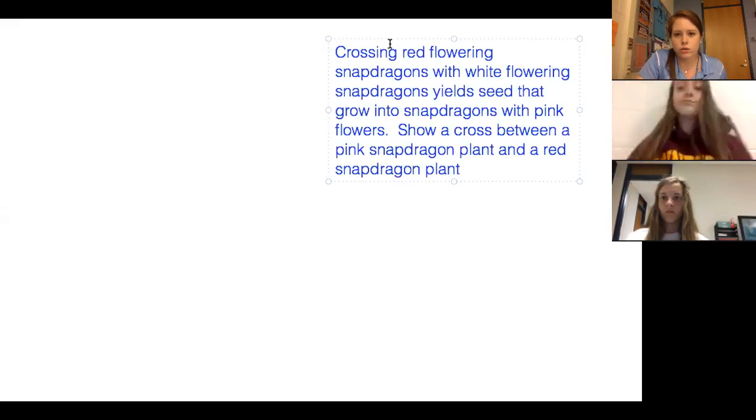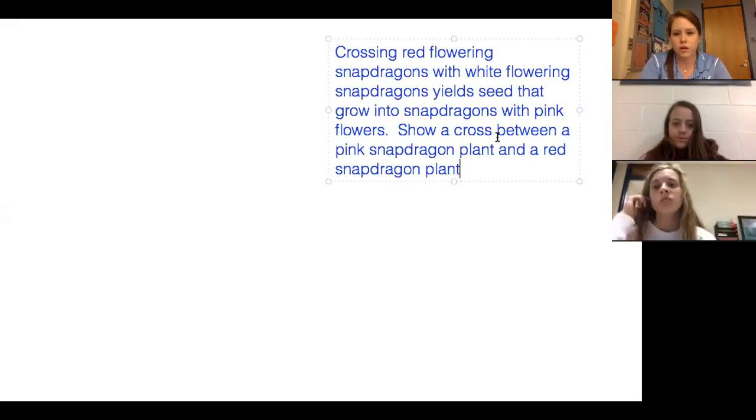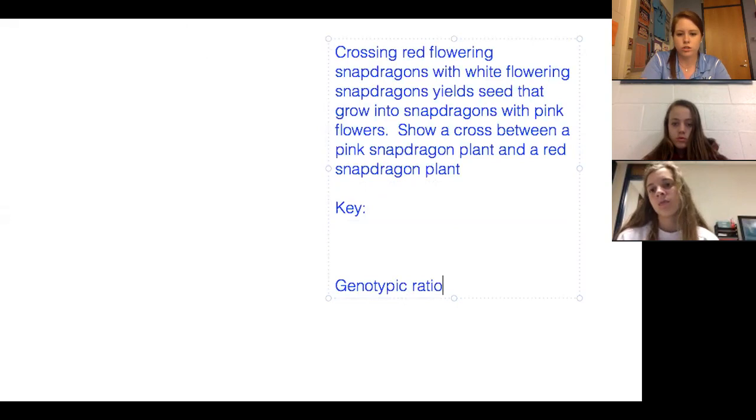All right, so we are going to be talking about two types of flowers. Okay, they're called snapdragons. And so we're going to make a key, and then we are going to figure out what the genotypic ratio is and what the phenotypic ratio is.